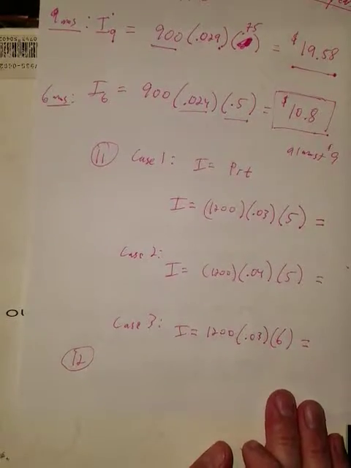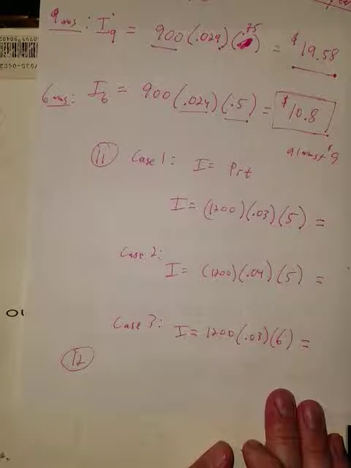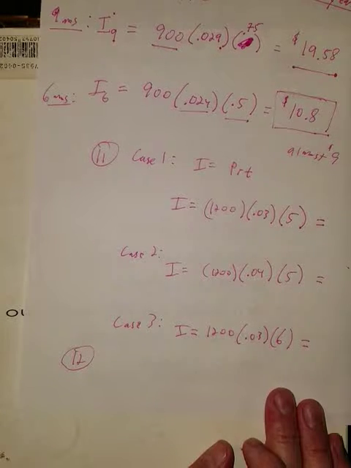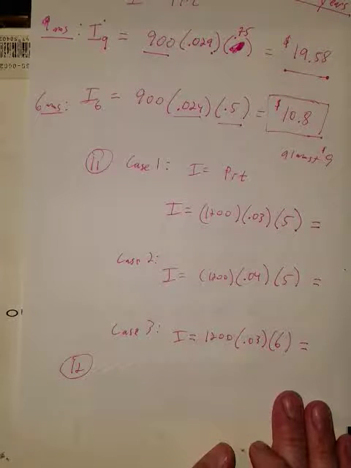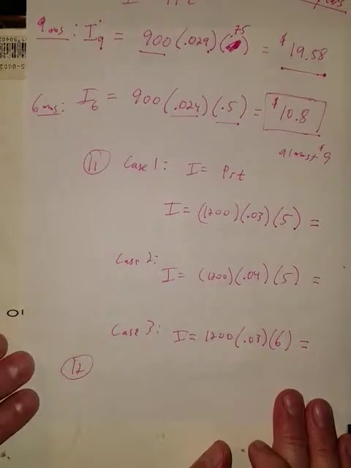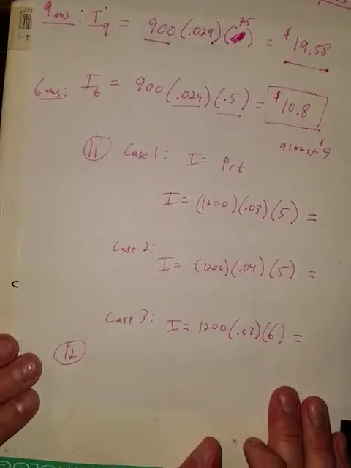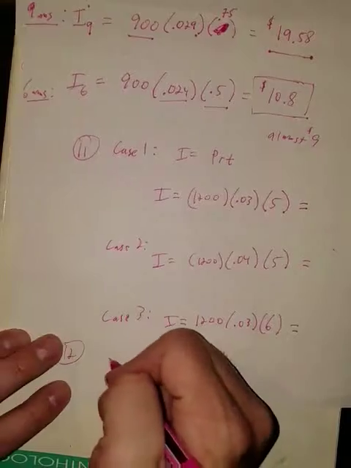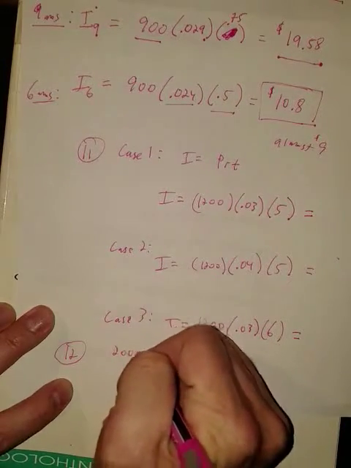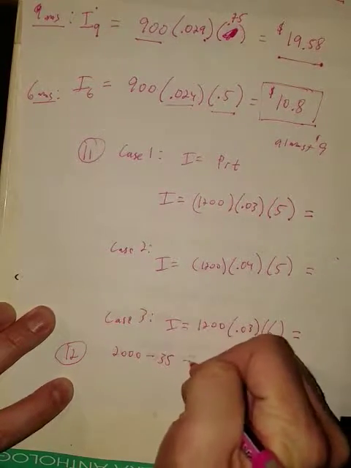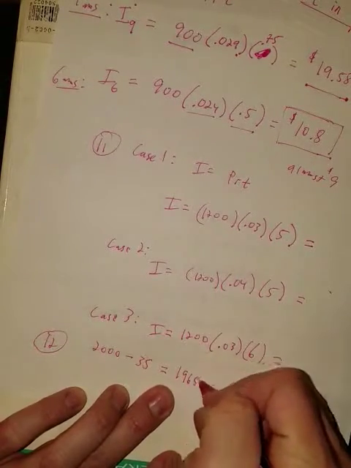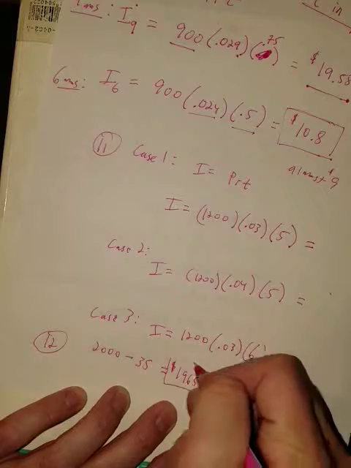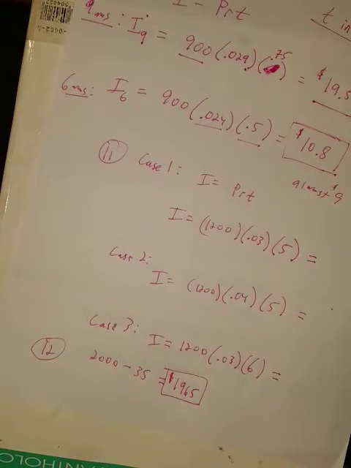the key here is each month 1% of the unpaid balance is added to the amount he owes. So if he owes $2,000, and the first month he pays $35, how much is left on the principal? If he pays $35, what's left looks like $19.65. He still owes $19.65.